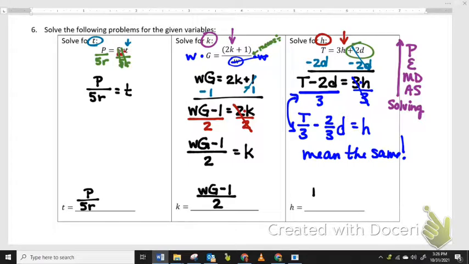So h equals t divided by 3. That would actually be the same thing as 1/3 t. That 3 is really messy. 1/3 t minus 2/3 d. Or, again, you could leave that as t minus 2d all divided by 3. That would be perfectly fine.